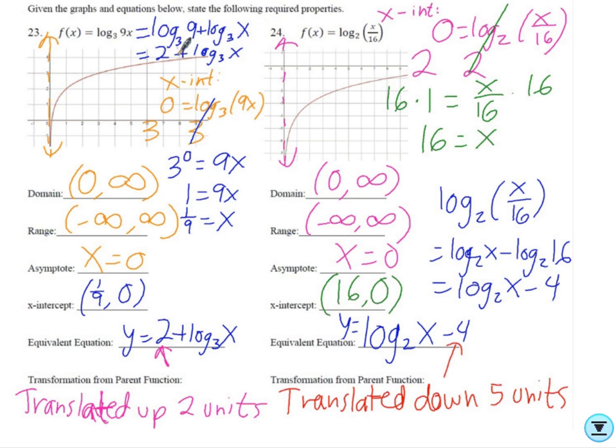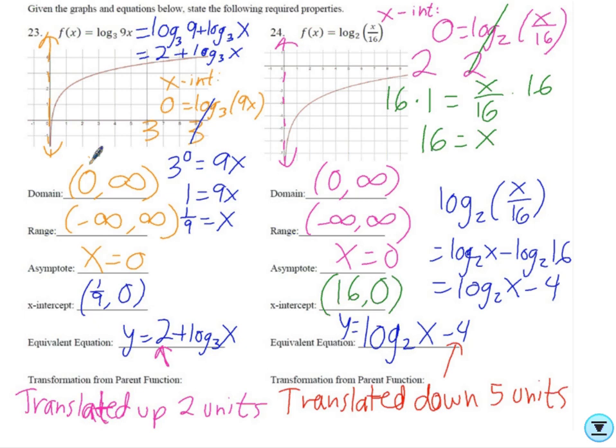And then log base 3 of 9, we can evaluate that, and that is 2. So this is 2 plus log base 3 of x. Okay? So just can be helpful because it asks down here for the equivalent equation. This 2 plus log base 3 of x, that's what I'm talking about when I say the equivalent equation.